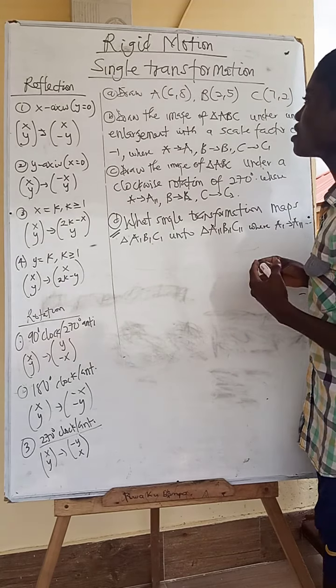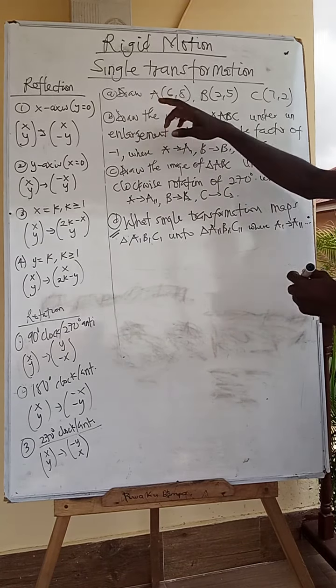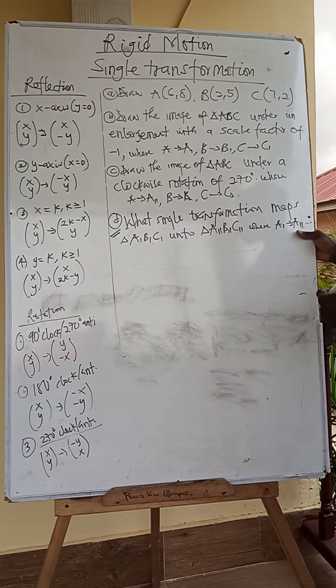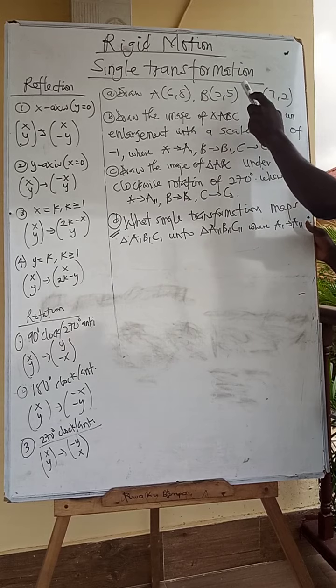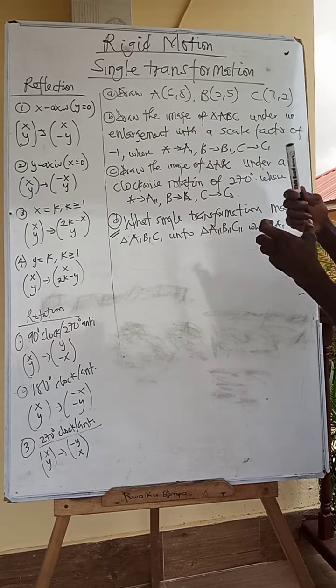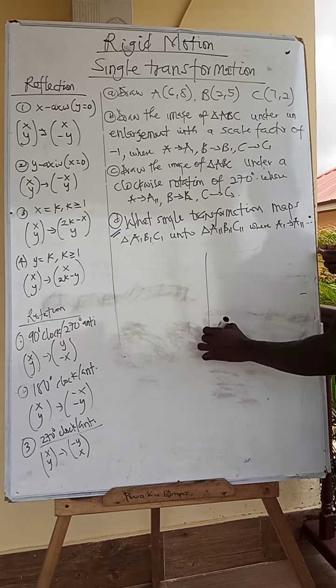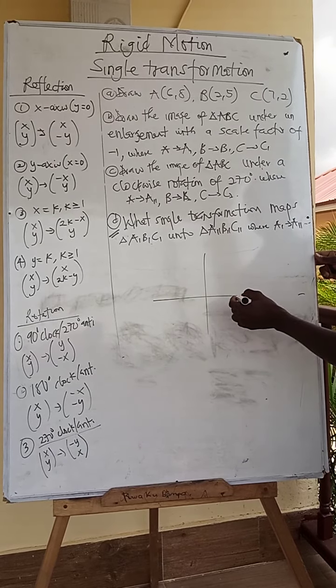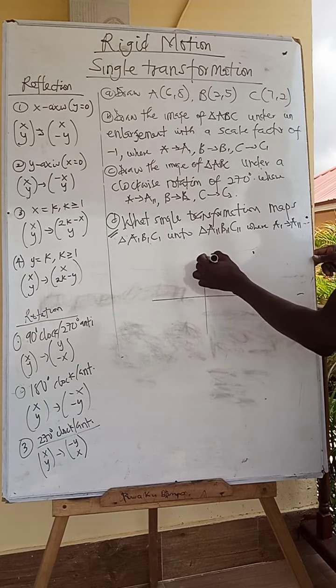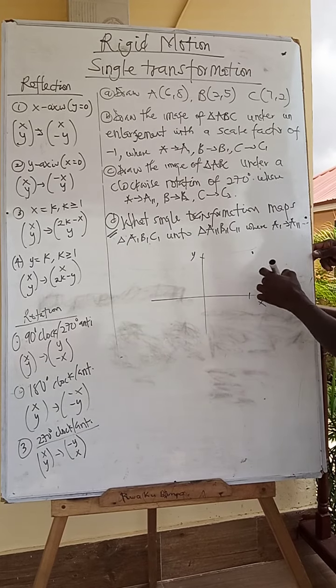So the first one, I hope you can draw triangle A1, that's ABC. So we can draw this triangle, right? Yes. So the second one, we are not even going to waste our time. Let's say this is your graph, this is Y and this is X. A is at X is 6.